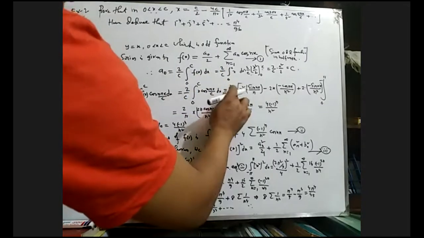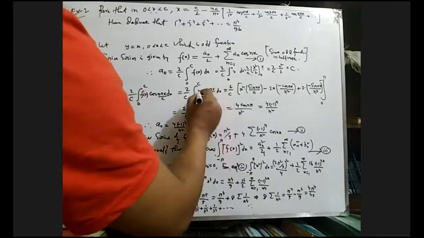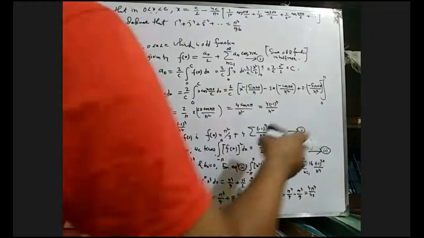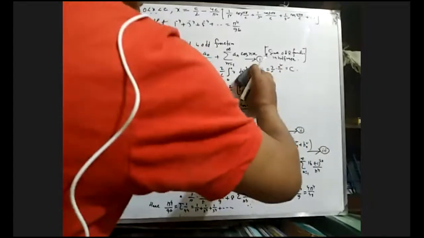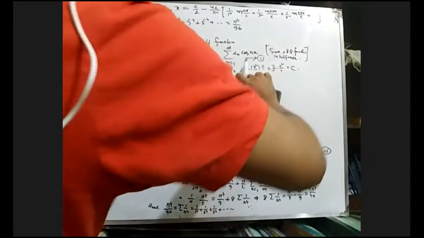So, twice c, we have to use the process of integration by parts, the product of two functions.